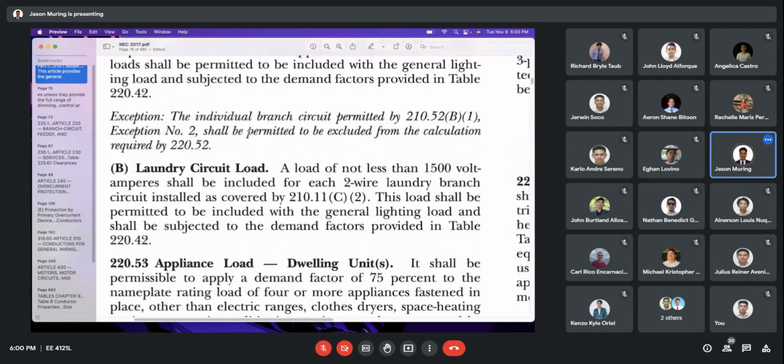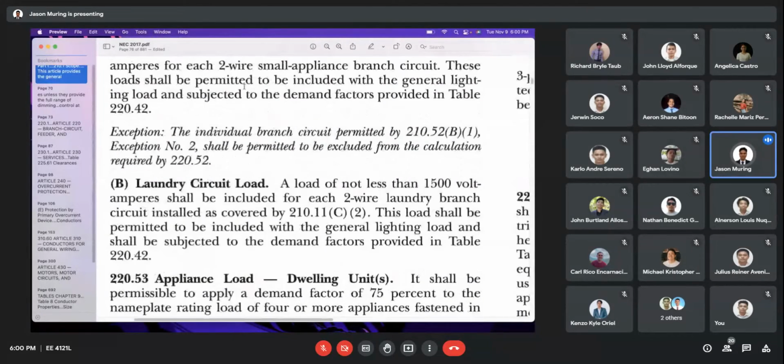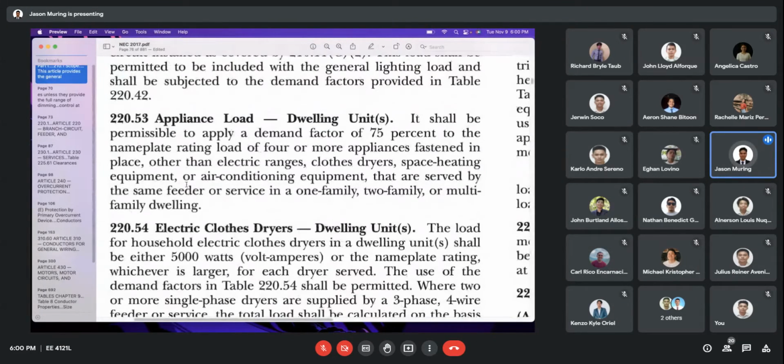Air conditioning has its own separate calculation, same with space heating. Those are the fixed appliances you have to exclude whenever you calculate your appliance load.